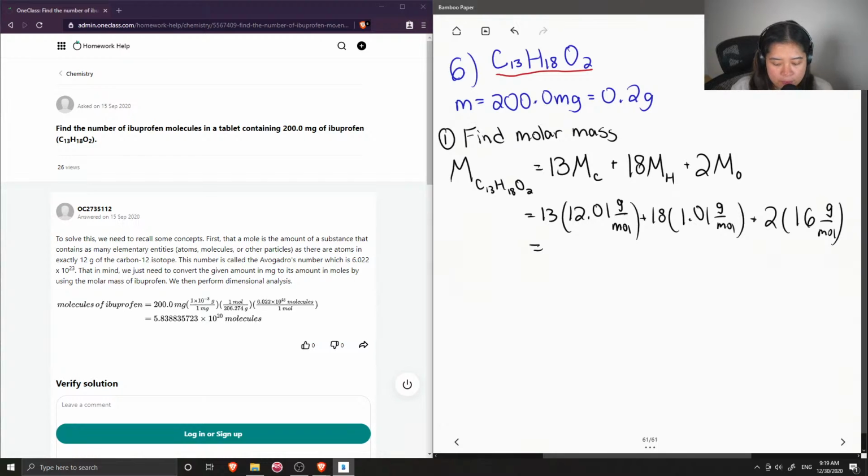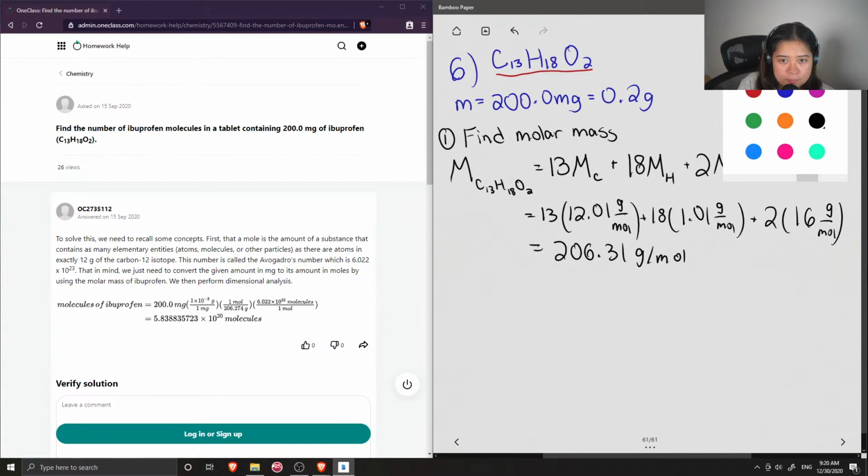Okay, so if we multiply it all out, we should end up getting a molar mass of 206.31 grams per mole. Okay, so that's part 1 of answering the question.